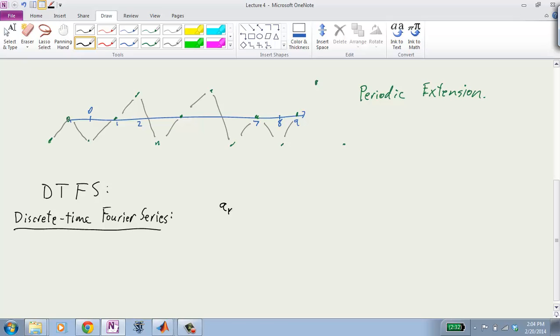A_k equals the sum from n equals 0 to 7, x[n] e to the minus I 2 pi k over 8 n, I'm going to combine the 2 and the 8, so e to the minus I pi k over 4 n.